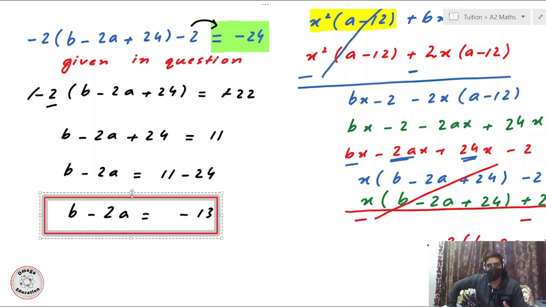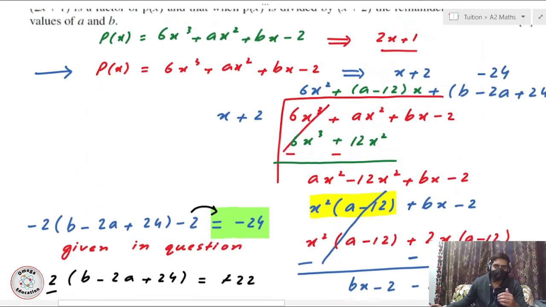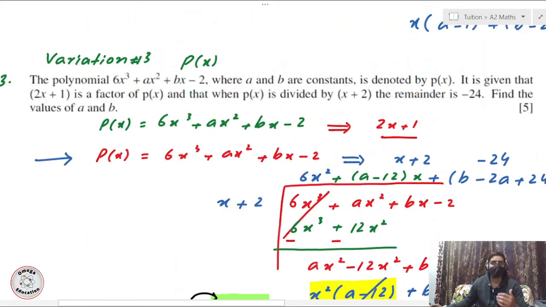So we need another equation. Only then can we find the value of a, and only then can we find the value of b. So we need another equation. Now the other equation can be given from the other piece of information that we have.